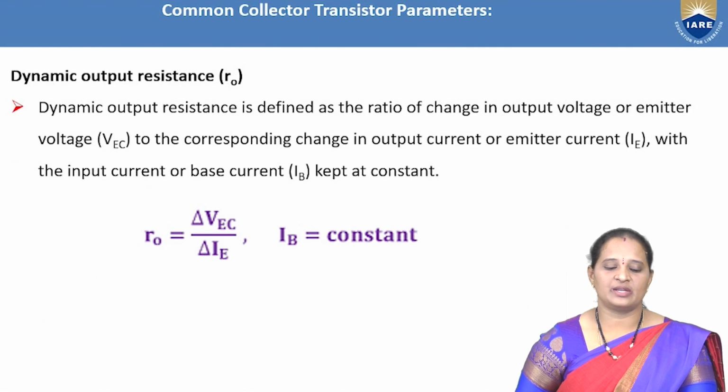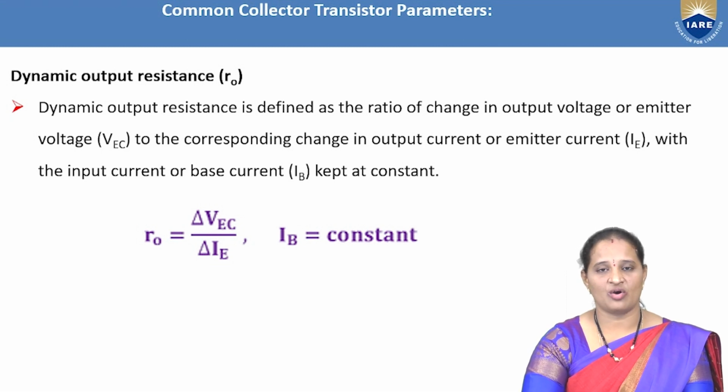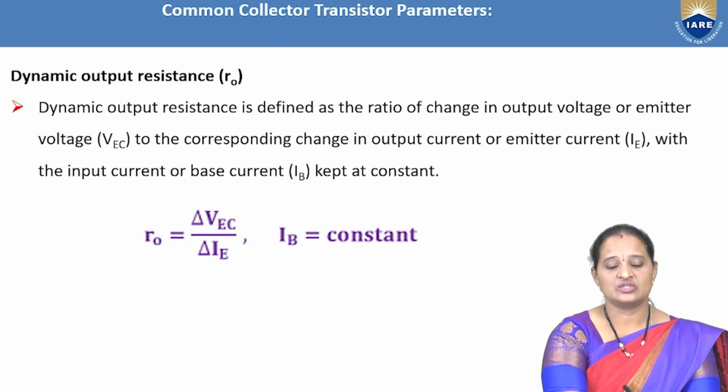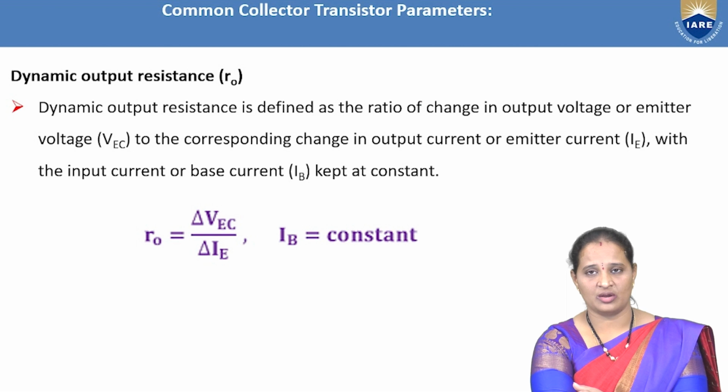Now coming to the output dynamic resistance, which can be calculated from the output characteristic curve of common collector configuration. Resistance is always defined as a ratio of voltage to current.